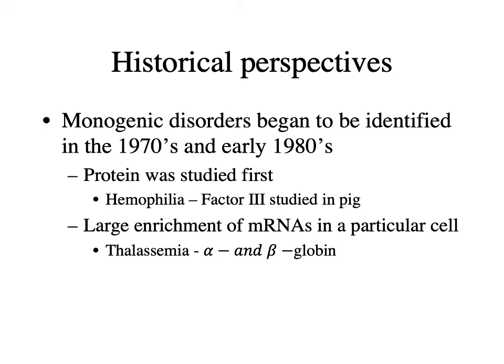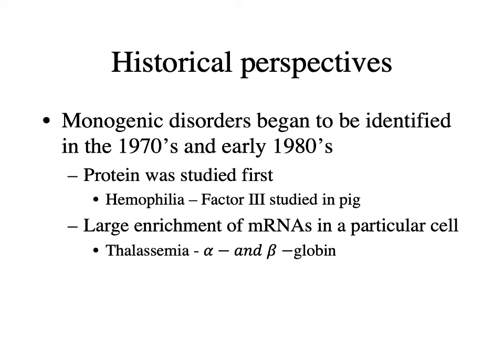Historical perspectives. Monogenic disorders and the genes that cause them began to be identified in the 1970s and early 1980s. Often it was because the protein had been extensively studied initially. An example of this is hemophilia, which often is caused by abnormalities in the factor VIII gene.